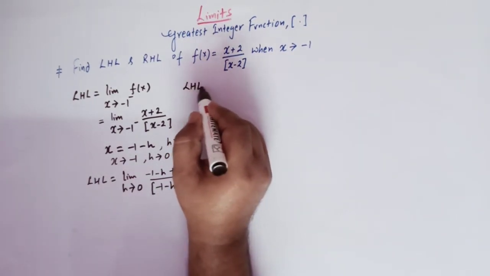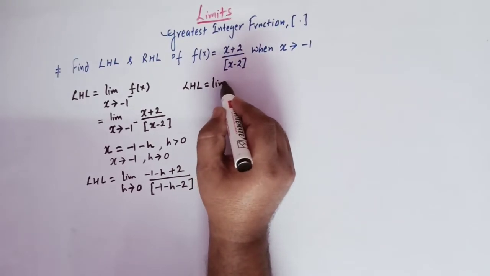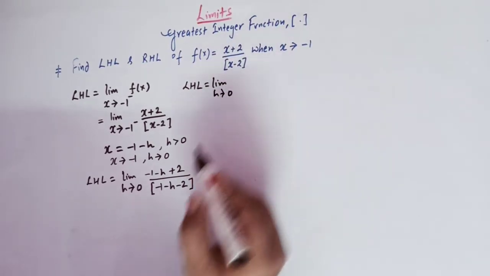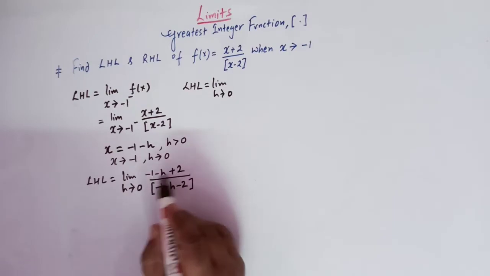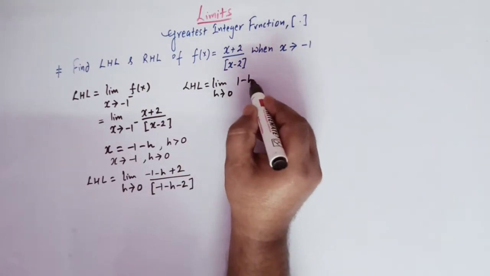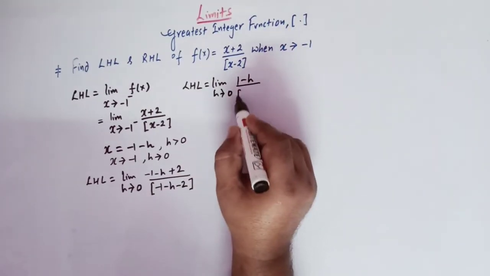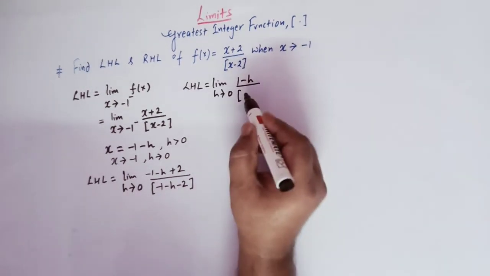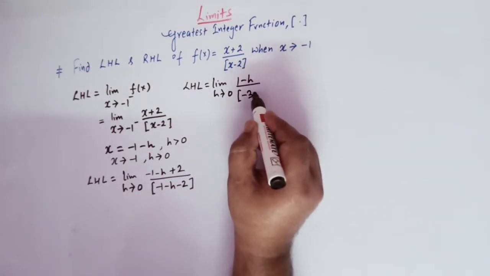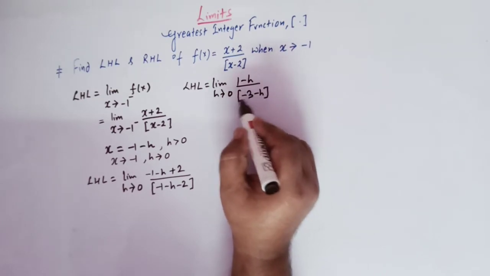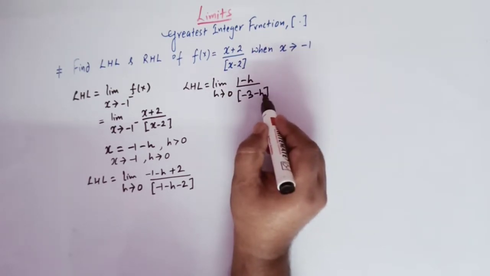The left hand limit is now equal to limit h tends to 0, and here we'll have 2 minus 1 is 1, so we'll have 1 minus h, and in the denominator we have greatest integer of minus 3 minus h.